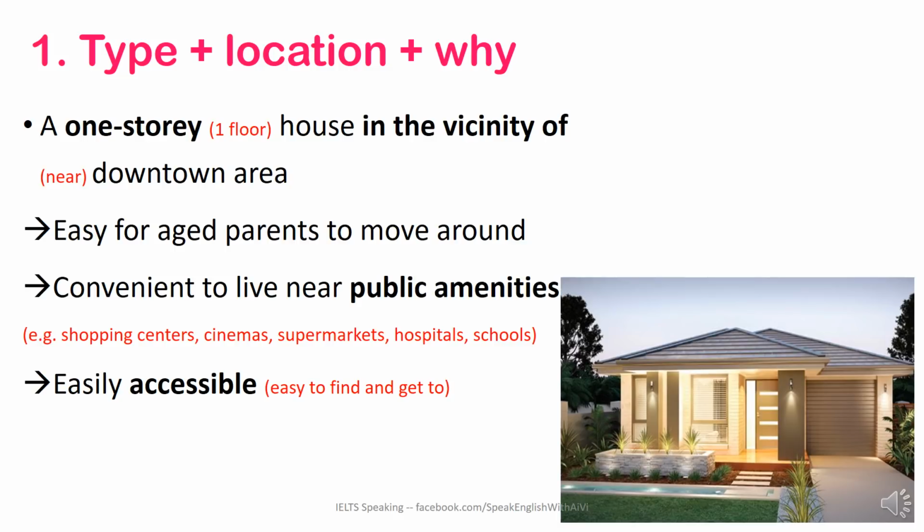And when you live near the city center, your house will be easily accessible. Be careful with this adjective. It's pronounced accessible with the stress on the second syllable, but the verb and the noun is access with the stress on the first syllable.